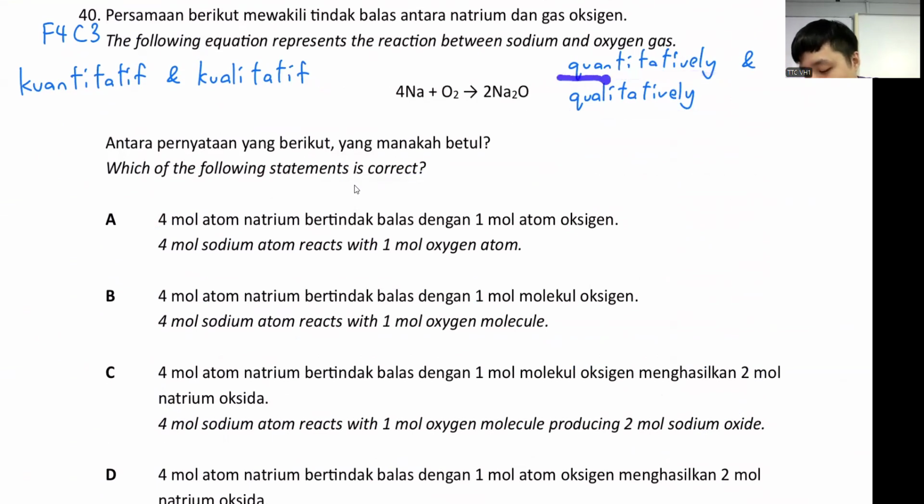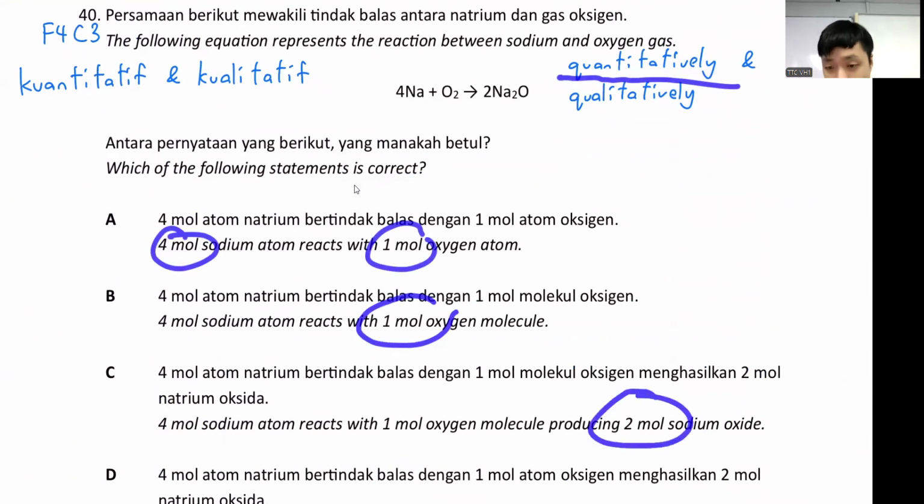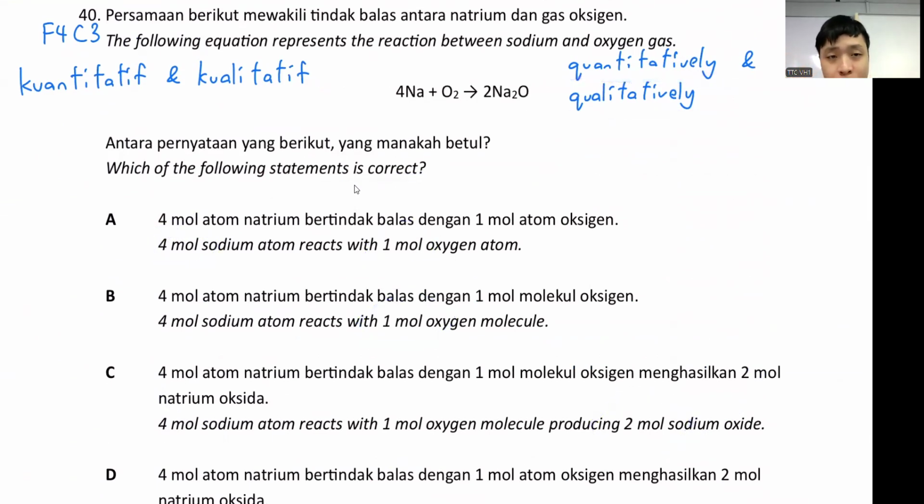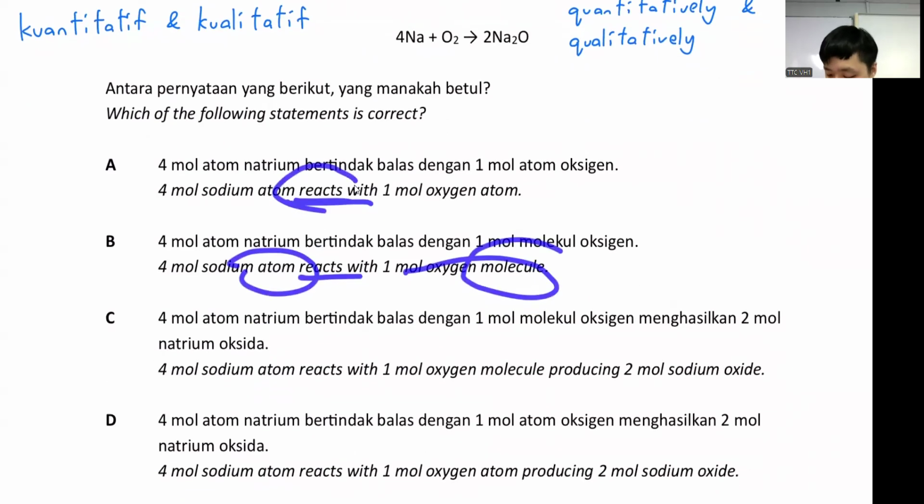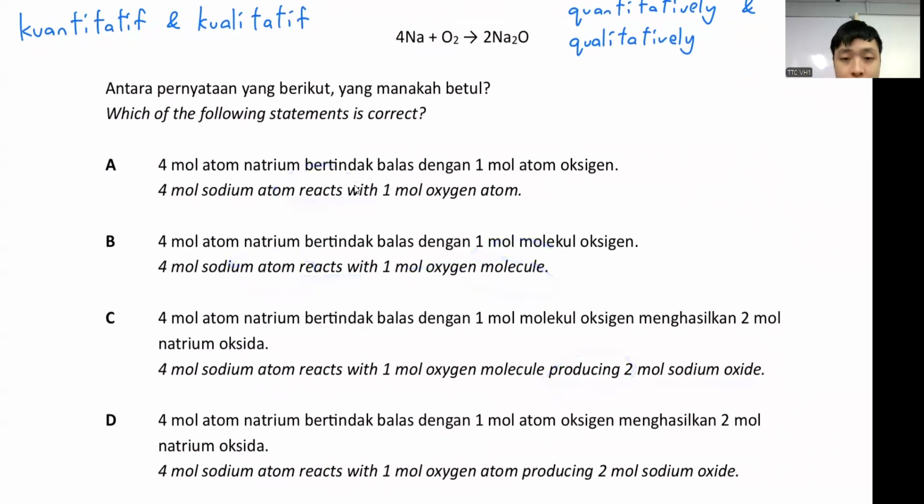Quantitatively means they give you 4 mole, 1 mole, 2 mole, whatever, the number of particle or number of mole inside the equation. And qualitatively means who react with who, atom react with molecule or atom, producing what product. This is called qualitatively.